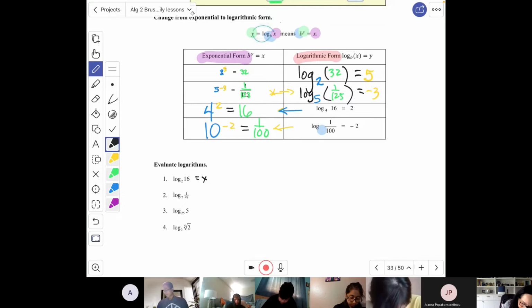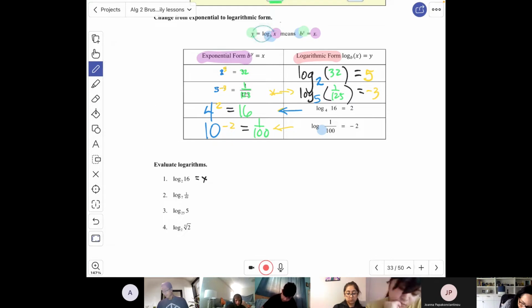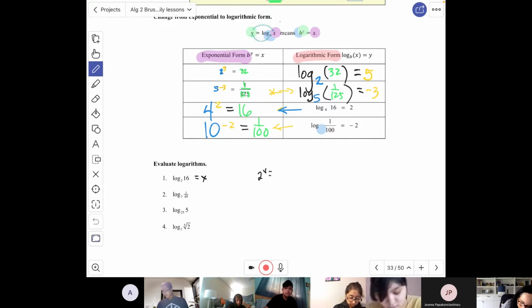So in other words, I could rewrite this as 2 to the x equals 16 and then ask myself, 2 to what power is 16? So that's one way we could do that. When you think you have all four, raise your hand in teams.